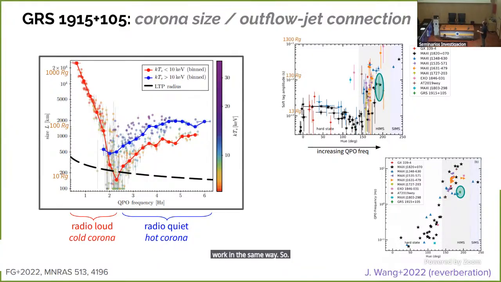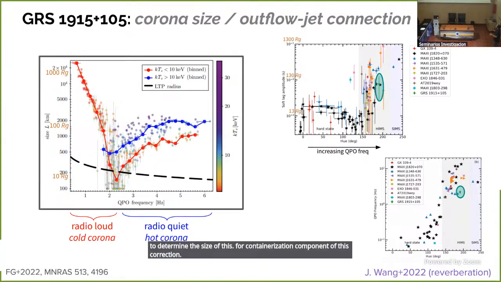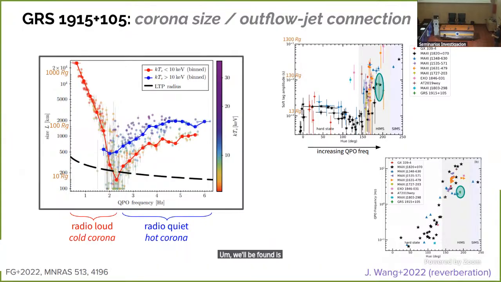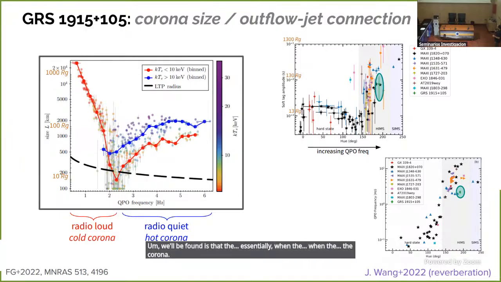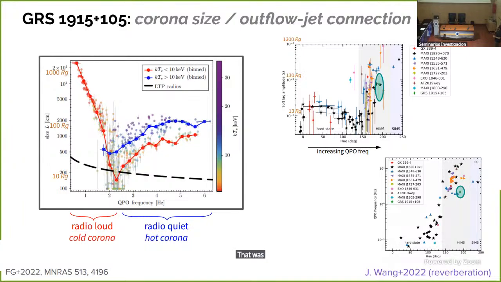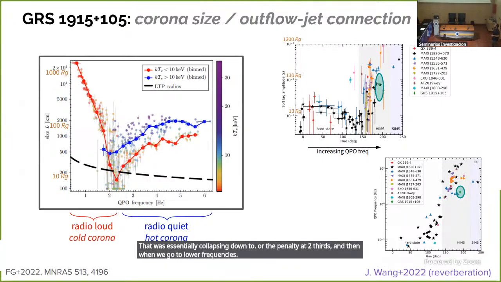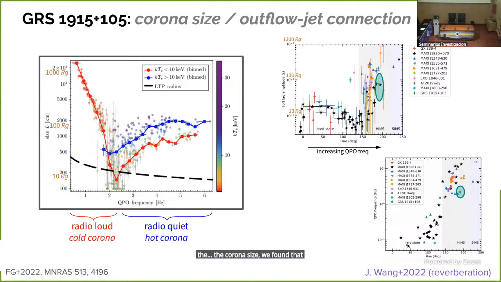The other thing we could measure from our model was the size of this Comptonization component, of this corona. And what we found is that when the QPO frequency is high, we find coronas of sizes around 100 Rg that essentially collapse down to order 10 Rg at 2 Hertz. And then when we go to lower frequencies, we found the corona size increasing up to even 1,000 Rg.